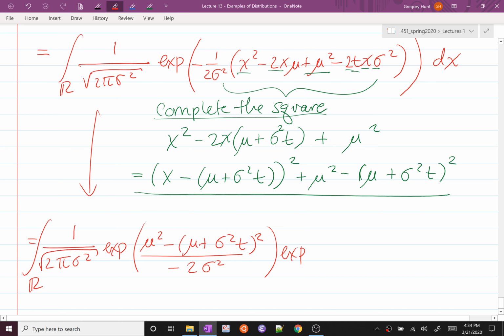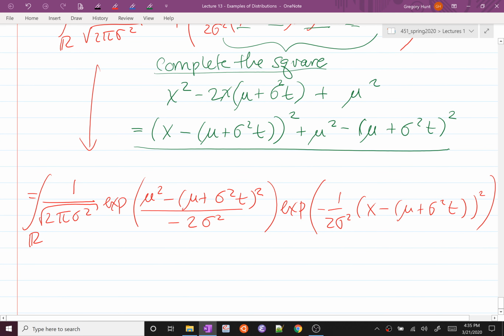then I can multiply exponentials, that's the same as adding them. I'm left with my square here. So this is negative 1 over 2 sigma squared x minus mu plus sigma squared t squared, right? Okay. That's my integral.